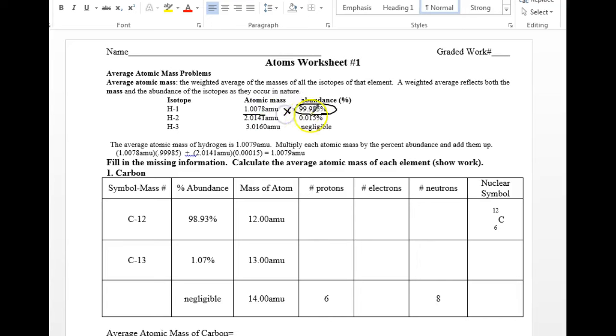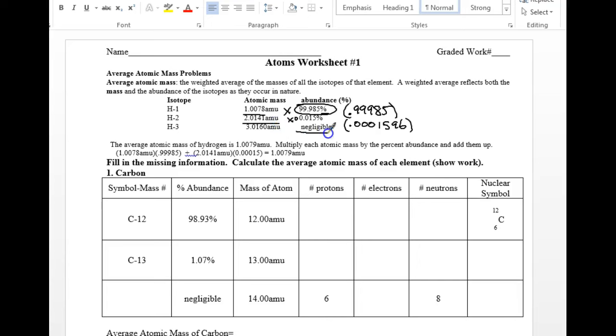We would multiply that not by 99.985, but by 0.99985. Then for this one we have to move the decimal 2 places, because this is out of 100, so we'd have another 0 in front, so it'd be 0.001596. So we multiply this atomic mass by that.